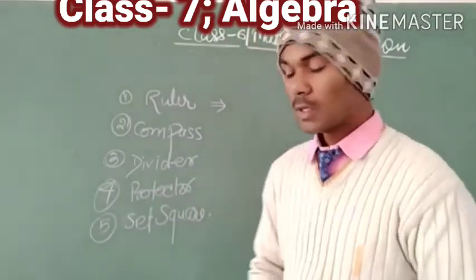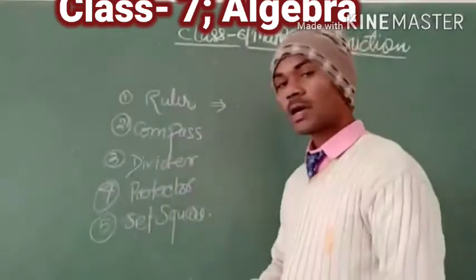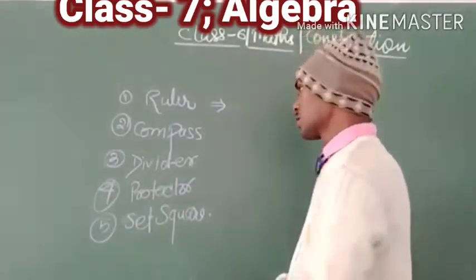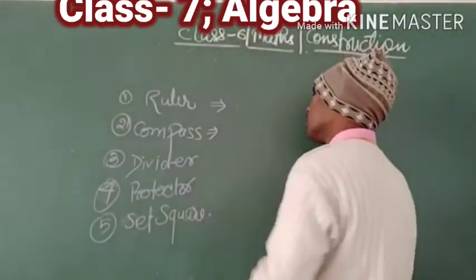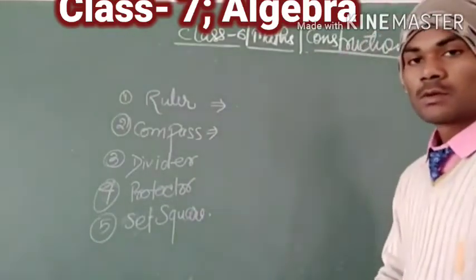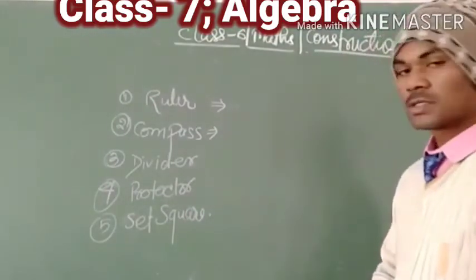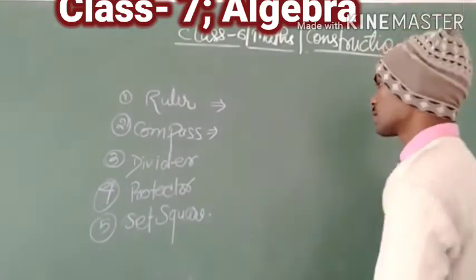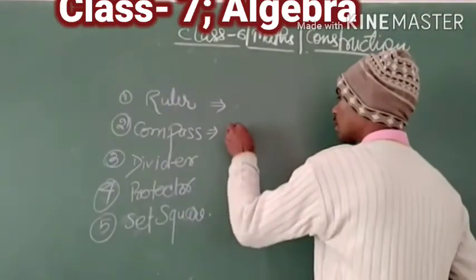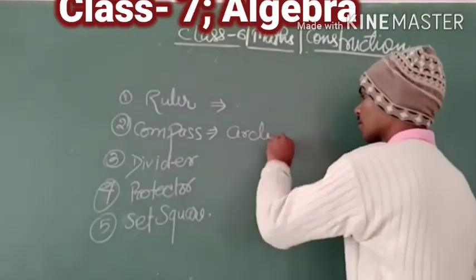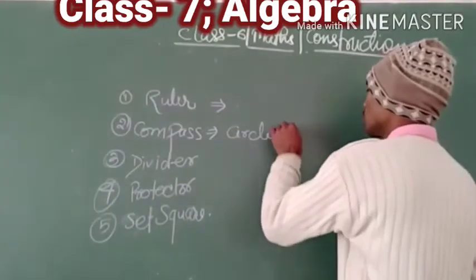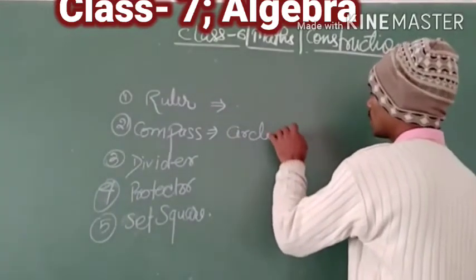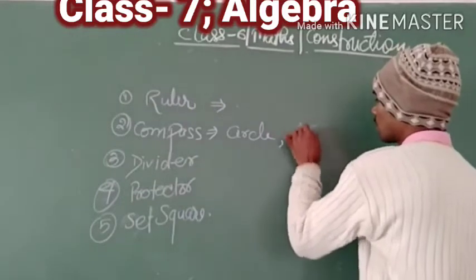Okay. The second one is called compass. Compass is also a very useful tool from the point of view of construction. Compass is used to draw a circle and to make an arc.